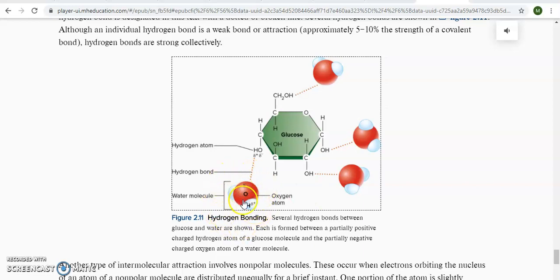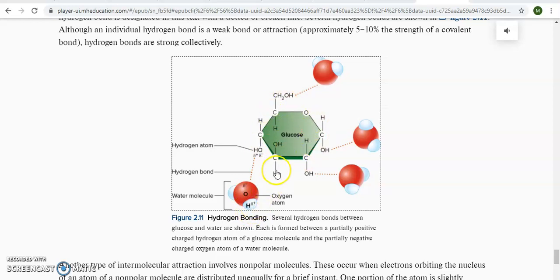So remember, when we have a polar covalent bond, we have that unequal sharing of electrons, and because of that, we're going to have a charge difference across that molecule. In this case, the electrons spend more time around the oxygen atom, so it has a slight or partial negative charge, and electrons spend less time around the hydrogen atom, so it has a partial positive charge.